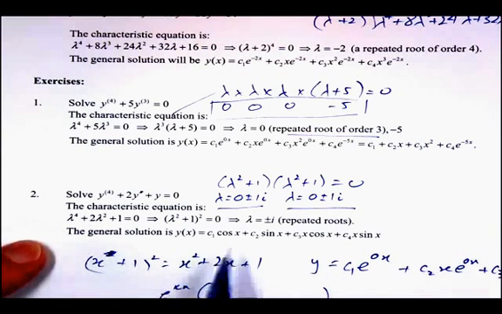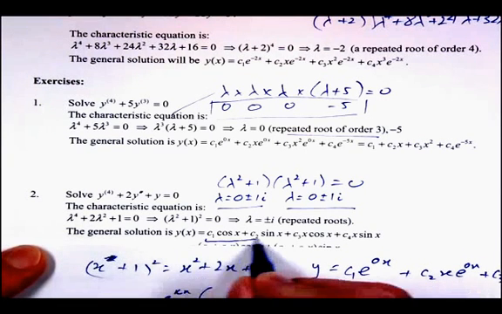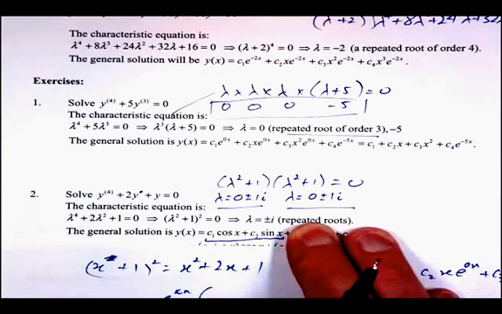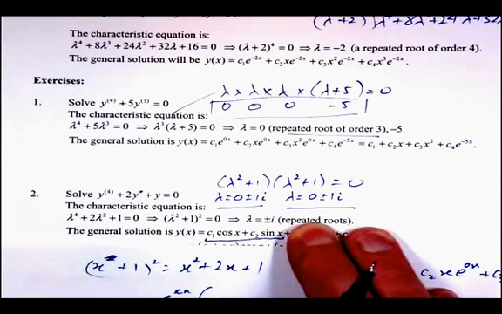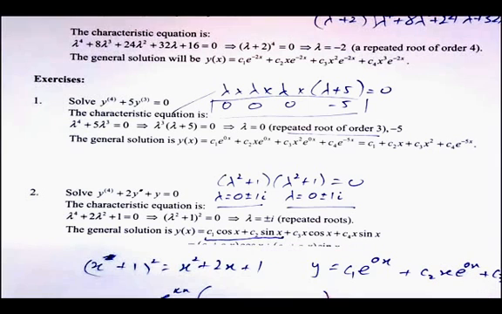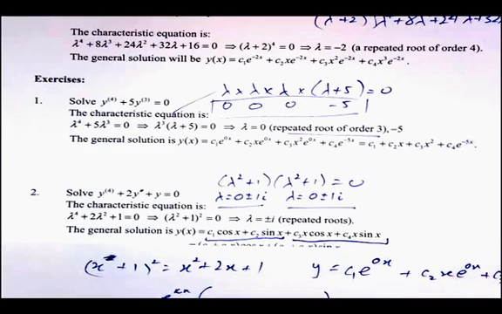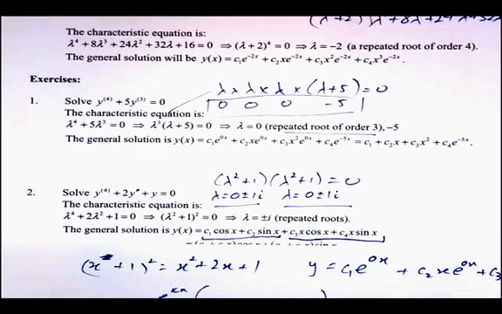So there are the first 2 terms that correspond to that pair of complex conjugate roots. What do we do for the repetition then, is the question. You multiply that pair by a factor of x. Okay, so that is the pair that corresponds to the repetition.